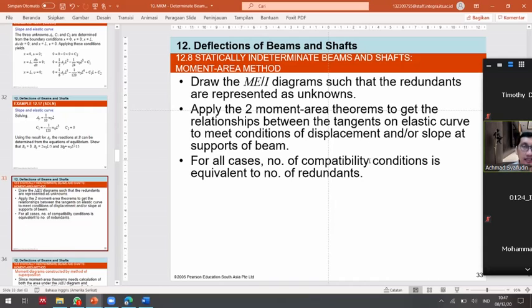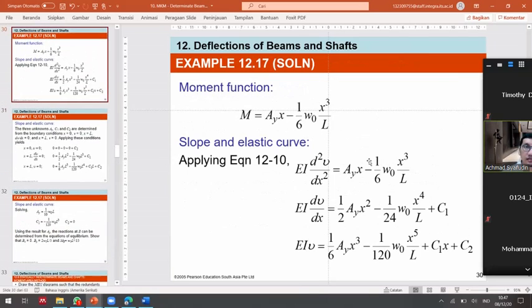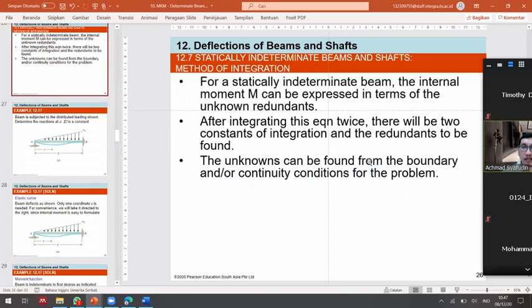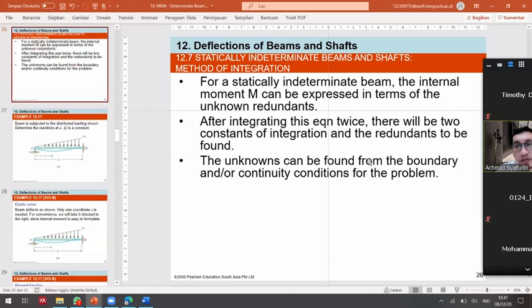This is the theory: indeterminate beams using the method of integration or double integration. Here we have to find another formulation, one more formulation.